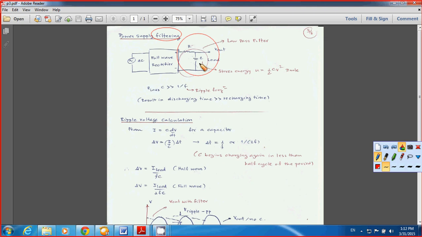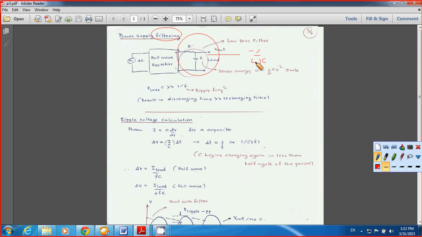Actually, it looks just like a low pass filter circuit, because you have C as the output. As I mentioned before, your output is directly proportional to the impedance of the capacitor, and the impedance of the capacitor here becomes negative j over omega C.